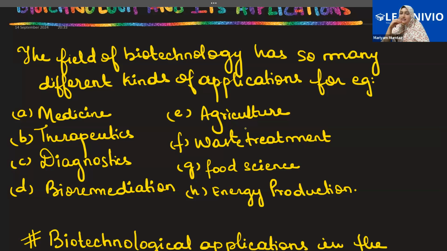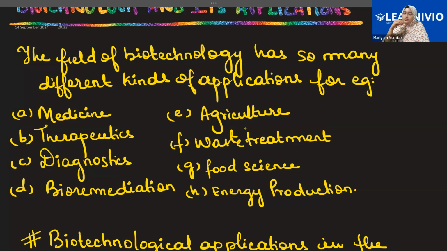You have already seen how primary, secondary and tertiary treatment were done, right? In which chapter was that topic? Microbes. Okay. So in waste treatment also biotechnology is used. Then in food science.